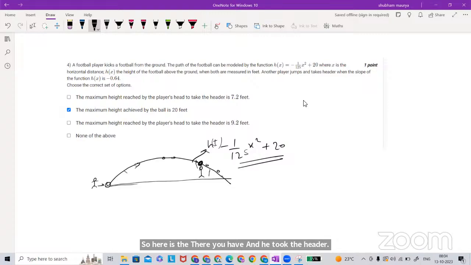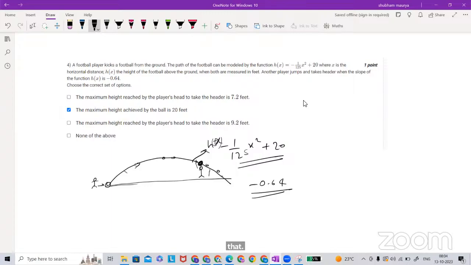He tries to block the football and takes the header when the slope of the function h of x is given as minus 0.64. At that time, he is taking the header. He is trying to block that football.